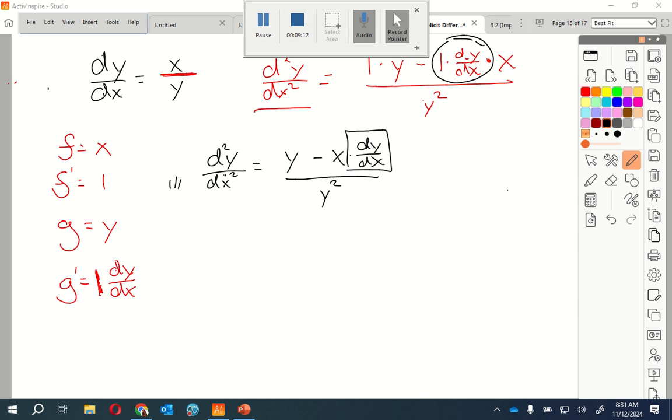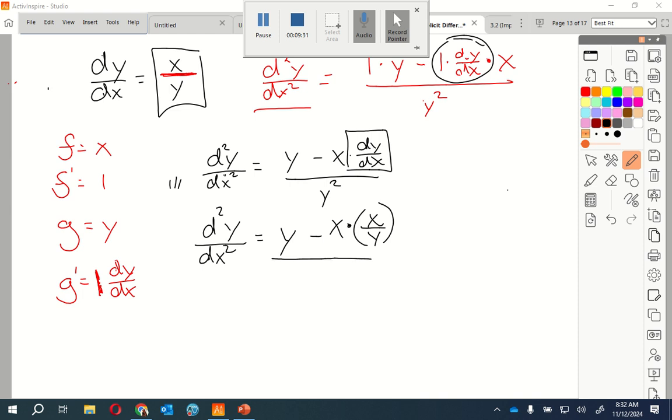I replace that with this. So this is going to be y minus x times my x over y, squared.